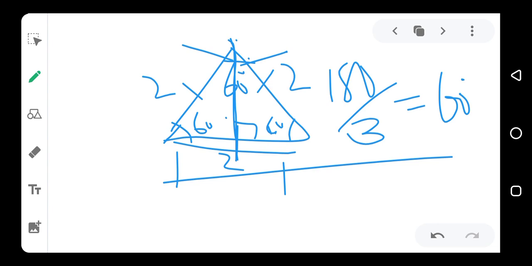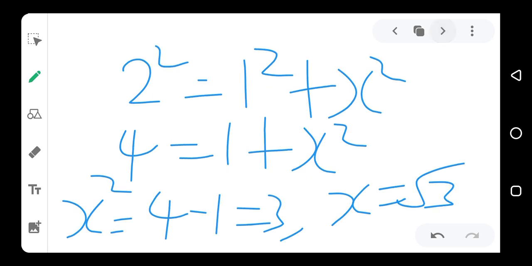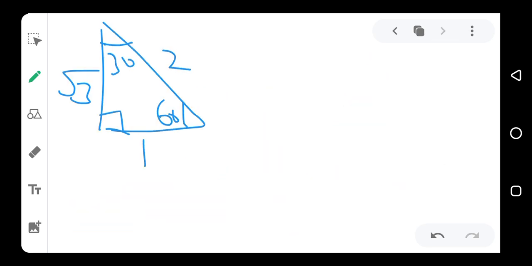So 60 plus 30 is 90, then the one remaining is 90. So without even knowing that this line will divide it into a perpendicular line, when you calculate the angle, it will still give you 90 degrees. So this place is perpendicular, that is 90.